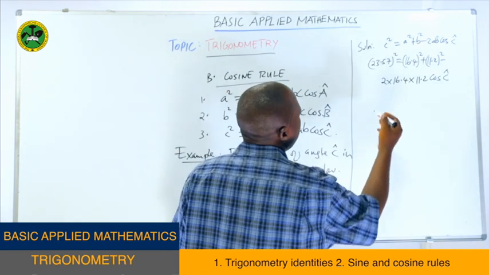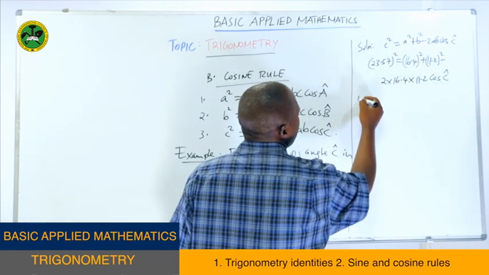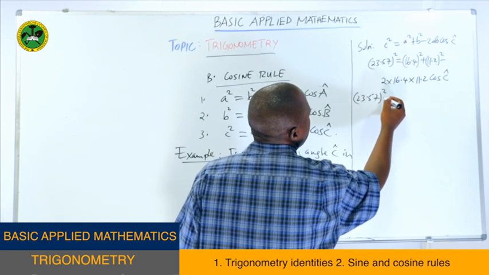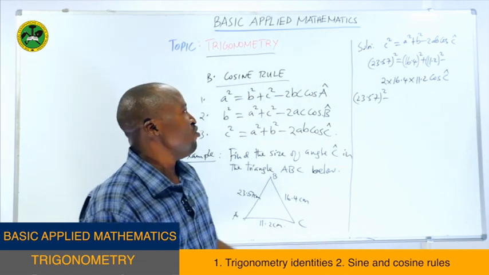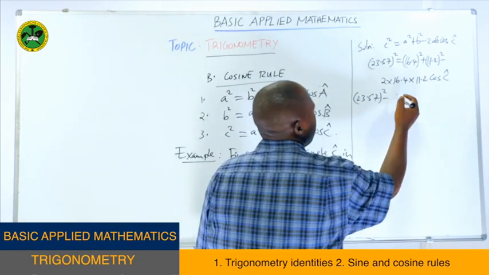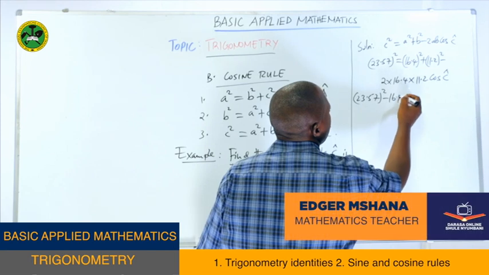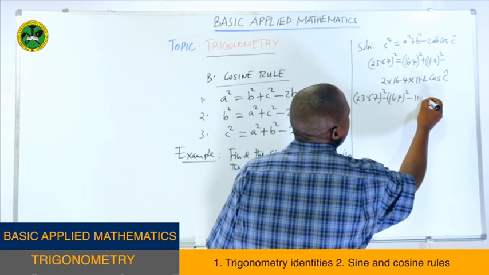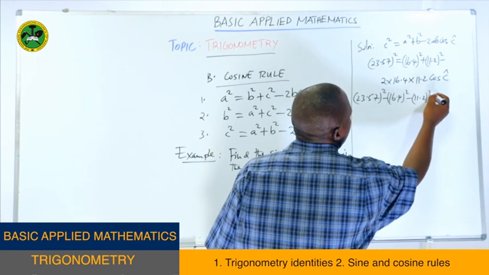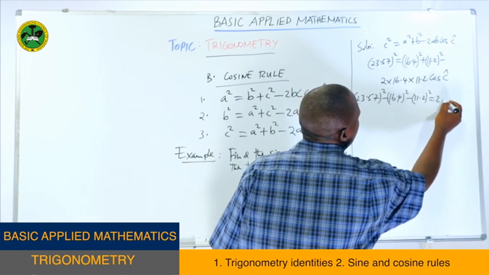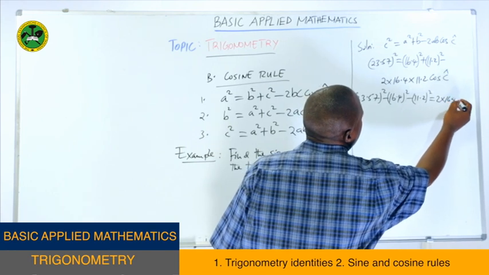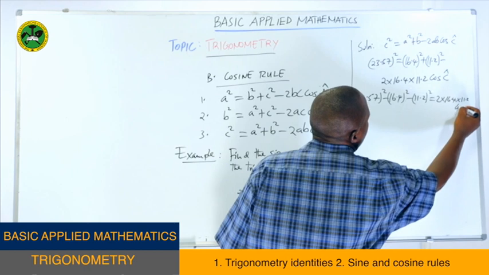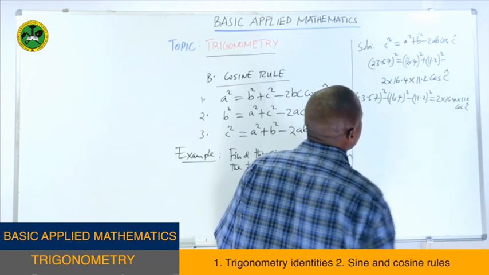So we are going to have 23.57 squared minus 16.4 squared minus 11.2 squared, which is equal to 2 times 16.4 times 11.2 cos of angle C.